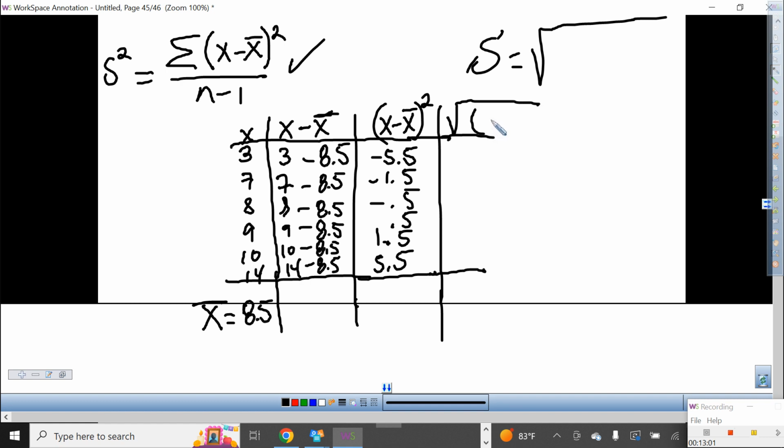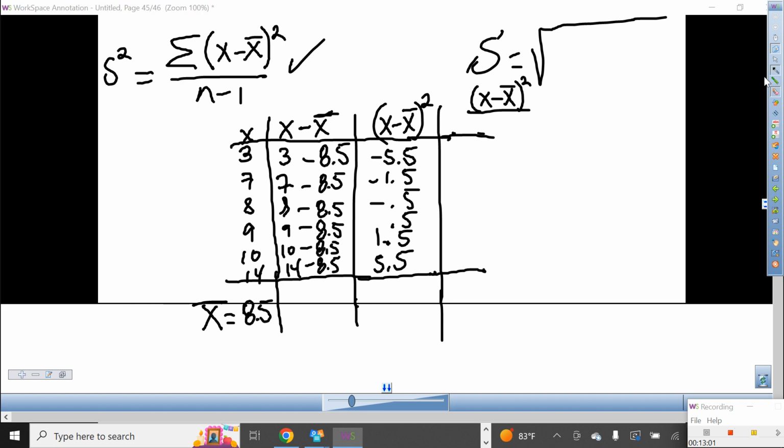Oh, my bad. That goes till the end. Then the next thing is n minus 1. All right, so then we take that squared.